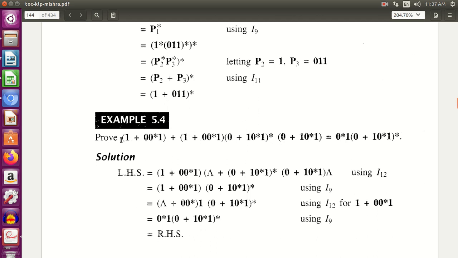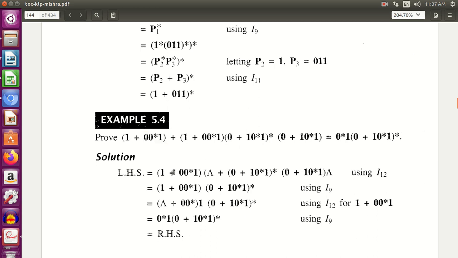So what we can do, we can take this part as a common part, and after that here we will be left with lambda, because we are taking this one out, and from this portion we will be left with 0 plus 1 0 star 1 star, and then 0 plus 1 0 1 1, right? So this entire portion will be inside the bracket, and over here, since we are taking this part as common, we will be just left with lambda.